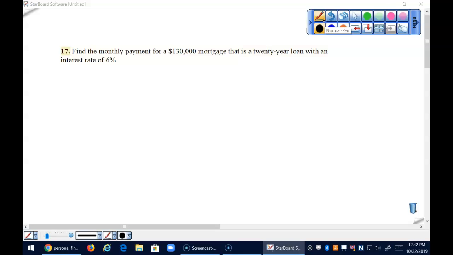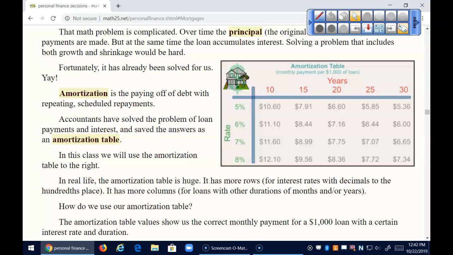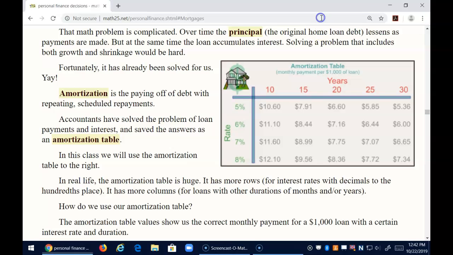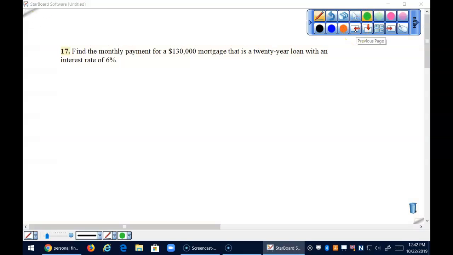That's on the chart. We need the 20 years and 6%. So we go back: 20 years, 6% is $7.16.